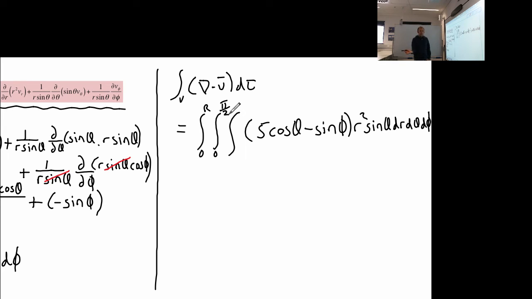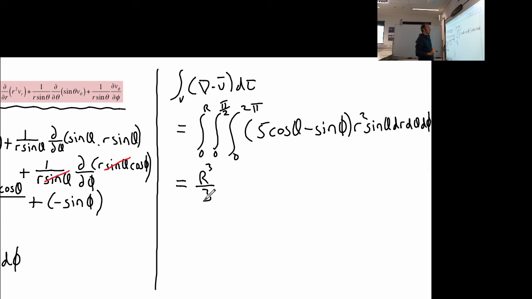And for our azimuthal angle phi, we have it from 0 to 2 pi. Now let's work this out. If we integrate with respect to r, we have r squared, so we get r cubed over 3, and I'm going to put in the big R.